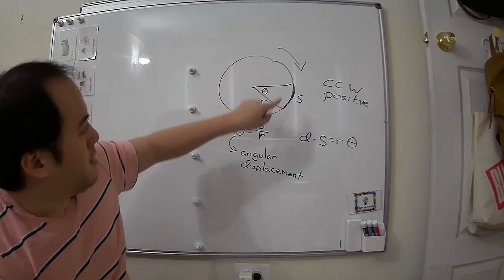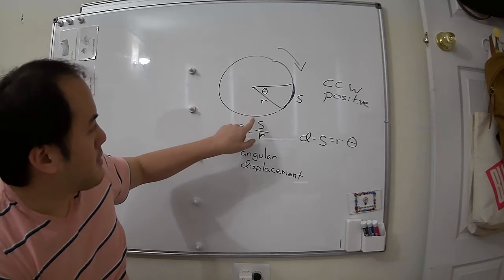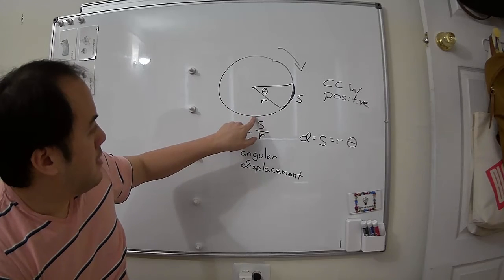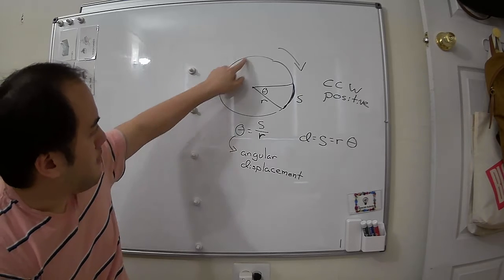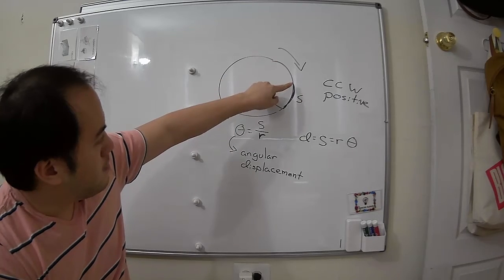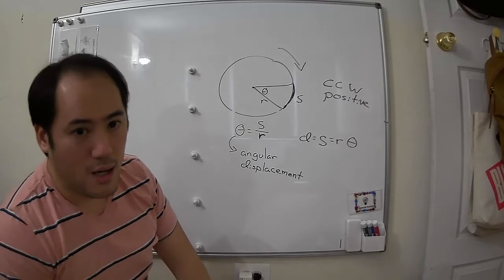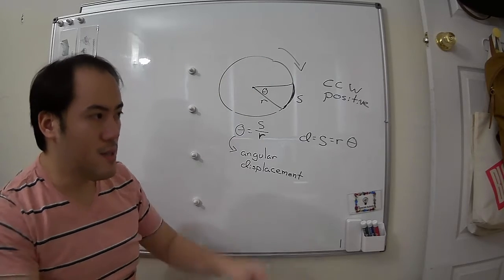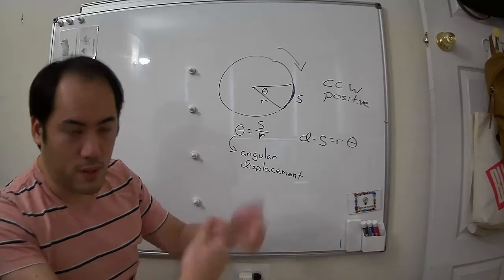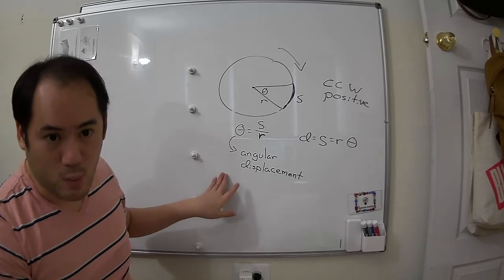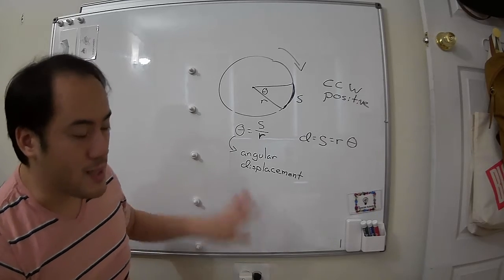Technically, it's true, but angular displacement basically will say it's 0, pi over 2, pi, 3 pi over 2, 2 pi. We would say this is a displacement of 2 pi. So if a wheel rolls one full rotation, its angular displacement was 2 pi radians.